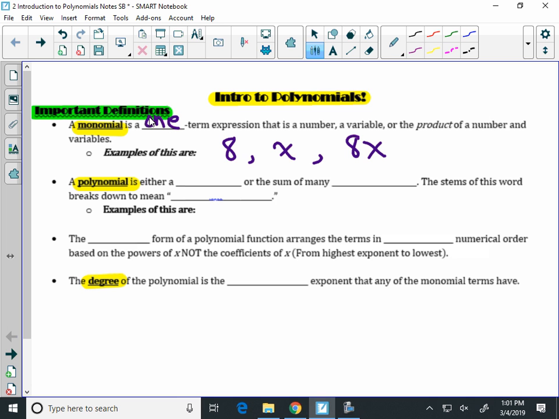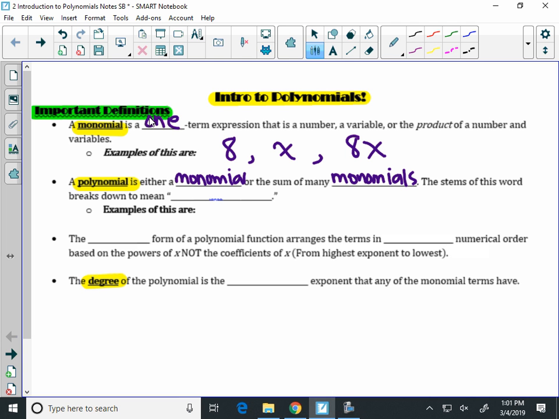Now, a polynomial is either a monomial, so a one-term expression is technically a polynomial, or it's the sum of many monomials. What does the stem poly mean? Many. And nom means term.